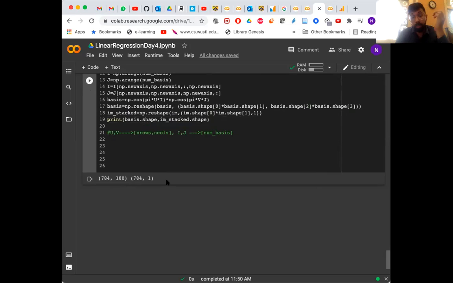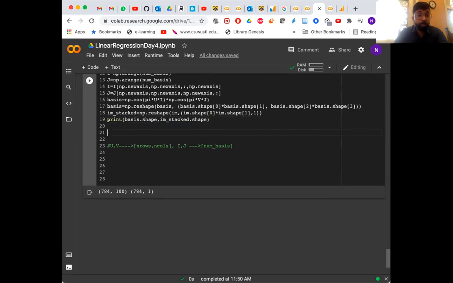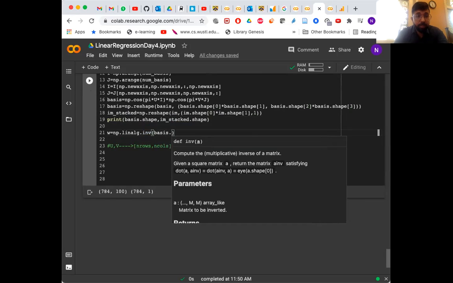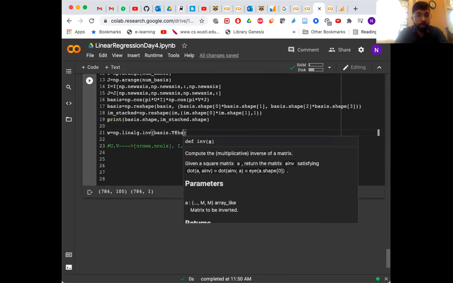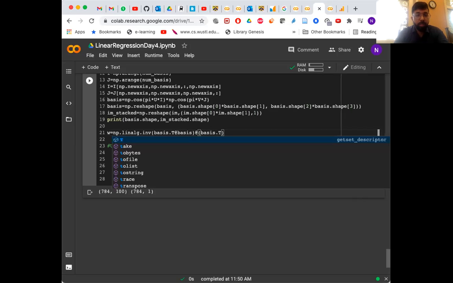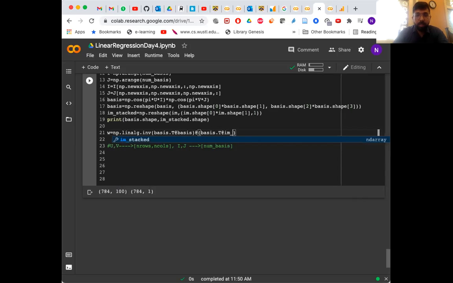Okay, so now everything seems fine. Now the weights would be just np.linalg.inv of A. In our case, I call it basis: basis.T product with basis, and then its product with basis.T and the data.